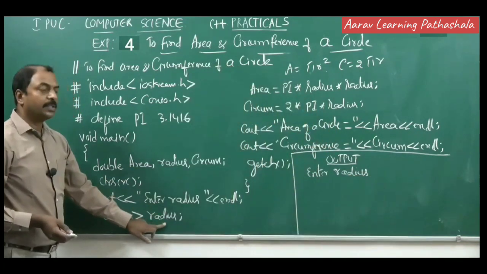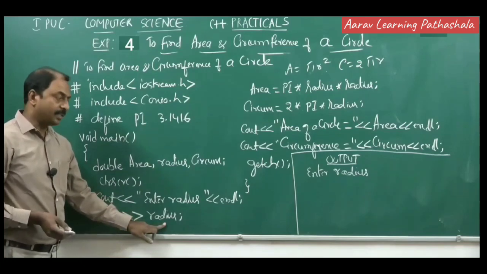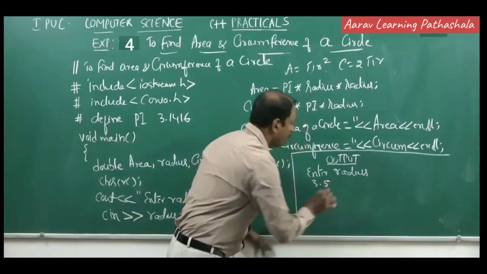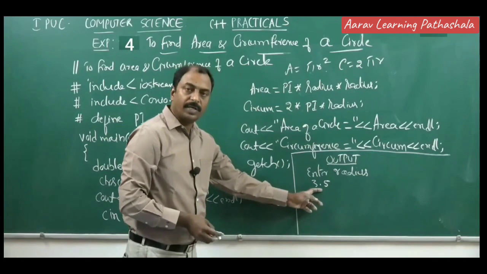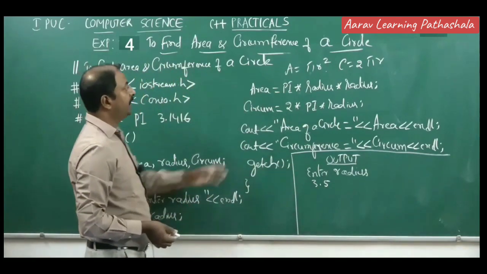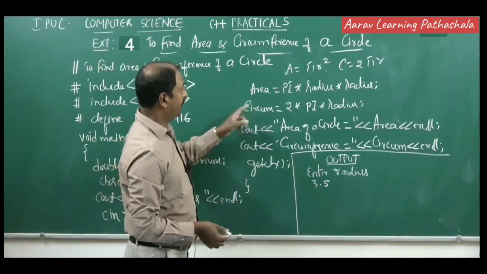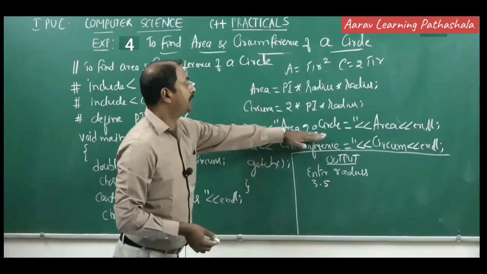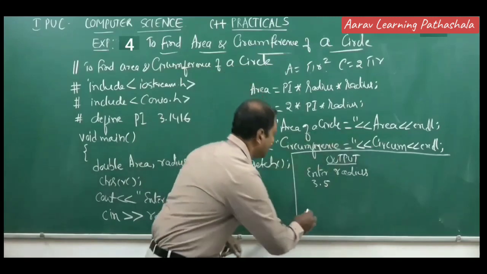Because of the input statement, we are supposed to enter the value of radius, 3.5, as the value. Next, accepting the value from the input device, it processes it, and after processing, it displays the result, area of circle equals.